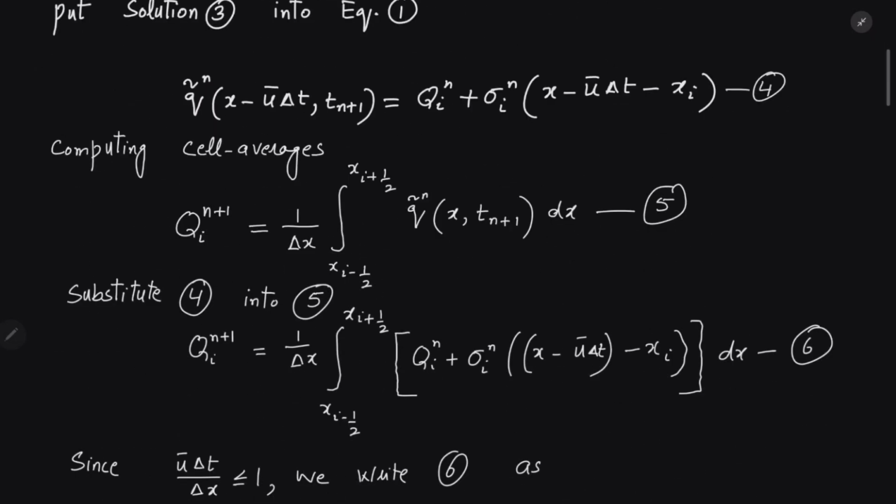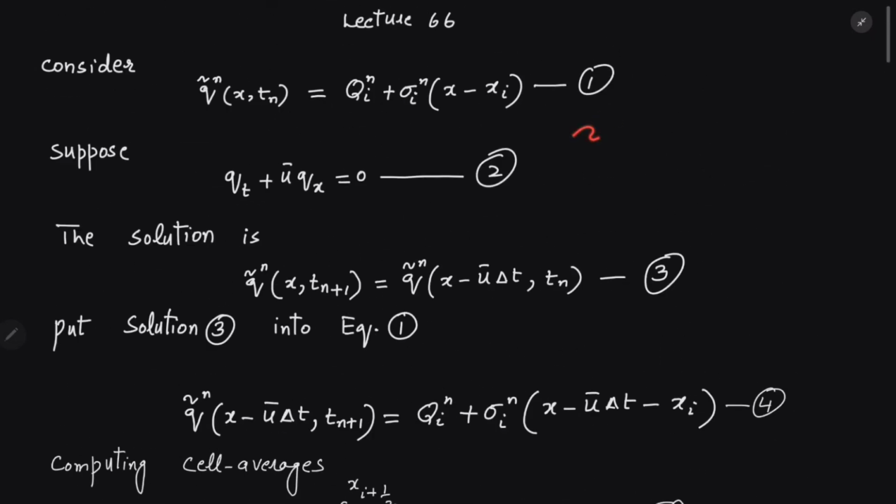You must have remembered that when we have Q^{n+1}_i equal to 1 by delta x times the integral between x_{i-1/2} and x_{i+1/2}. And here, if we replace this q with q tilde, and if it is constant, then we get the upwind method.